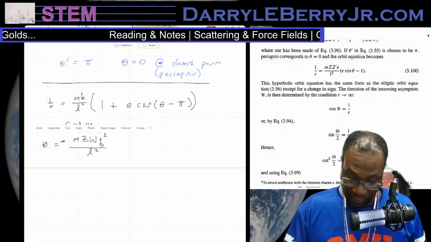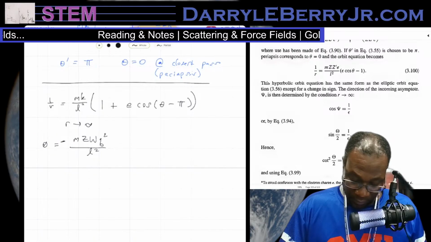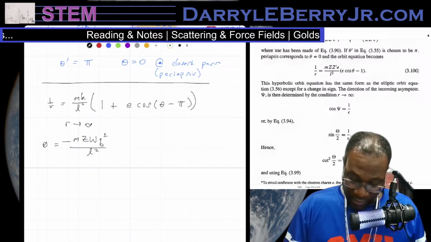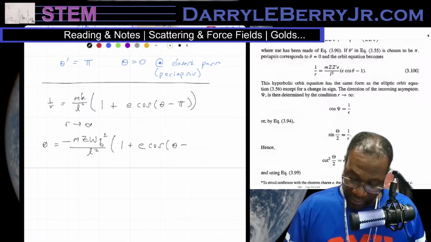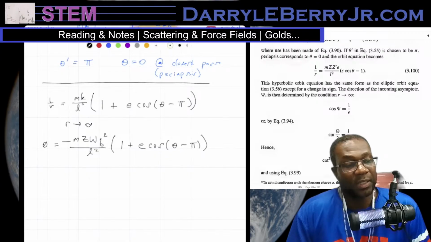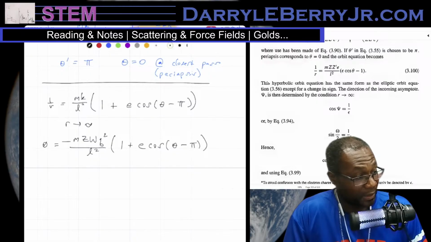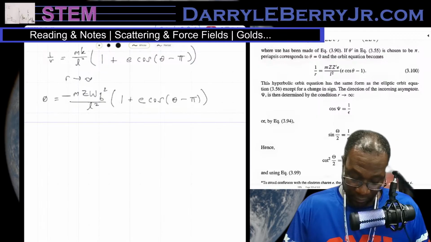So it is negative 1 plus e cosine theta minus pi. And if we shift cosine by pi, let's check this out.